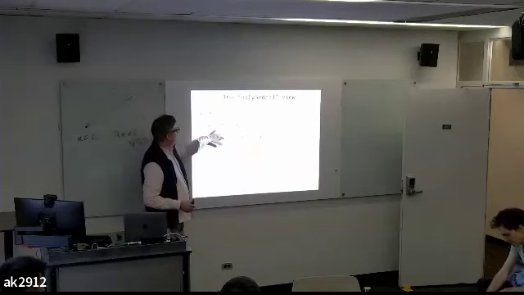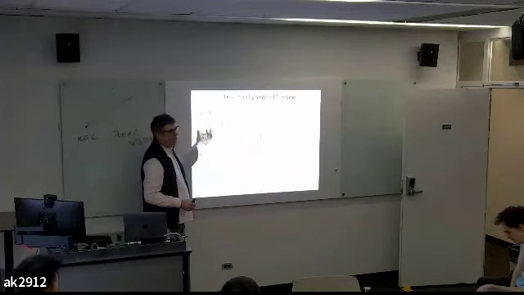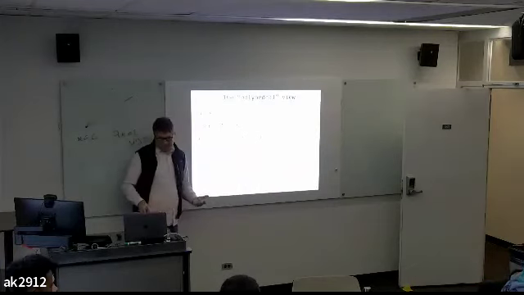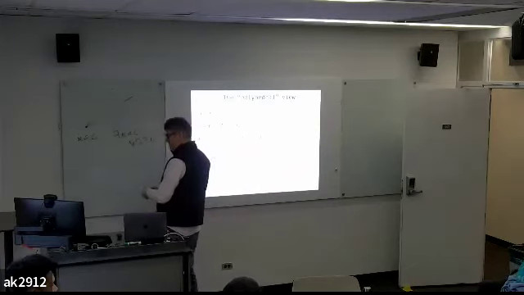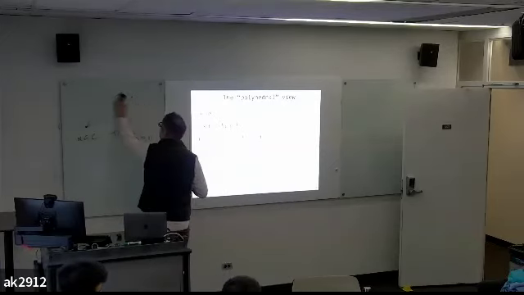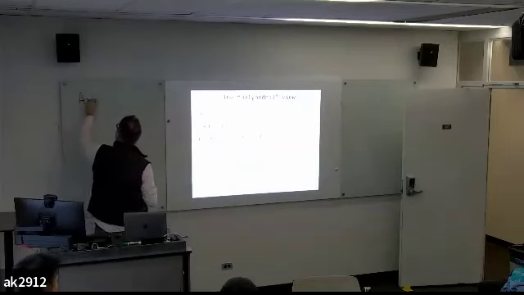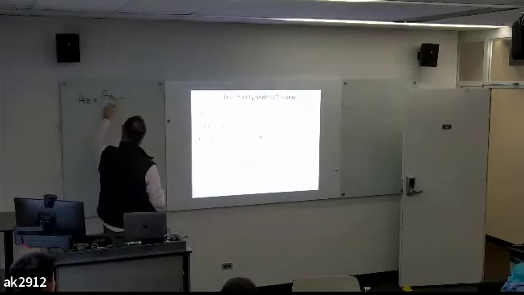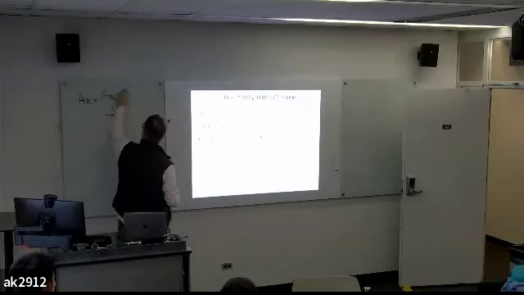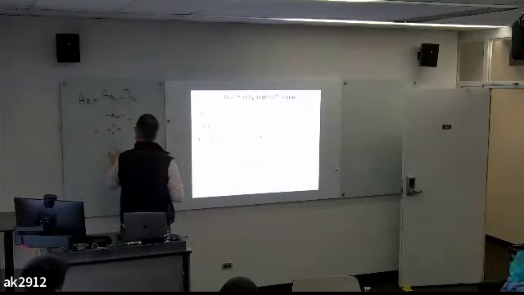In this perspective, I want to think about Ax less than or equal to b as a collection of linear inequalities. So I take A and write it down as a collection of rows. A is a collection of M rows, so Ax is a_1 transpose x up to a_M transpose x.